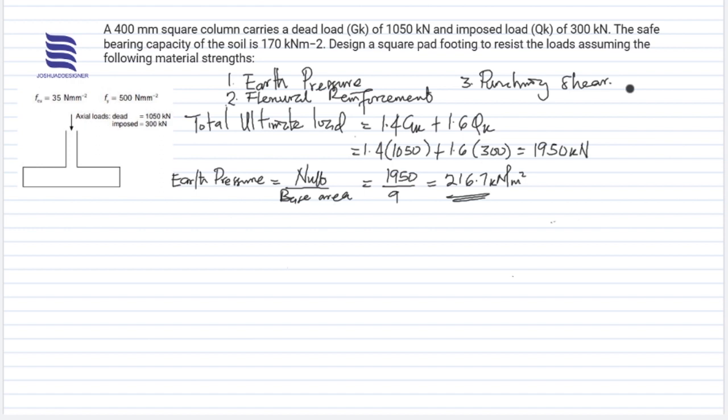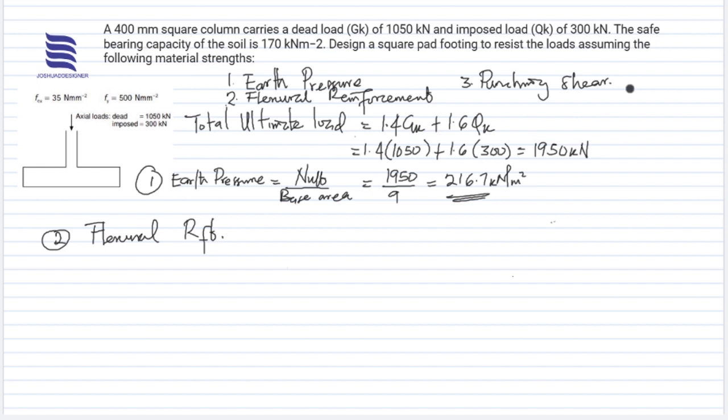Now it's simple, so we can move further. We have solved the first challenge. Now the second thing to find out or to design for will be the flexural reinforcement.